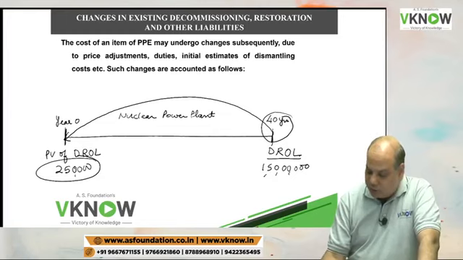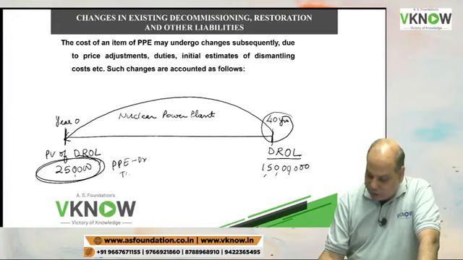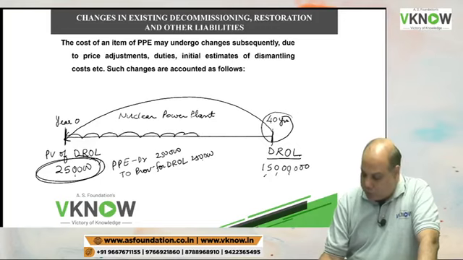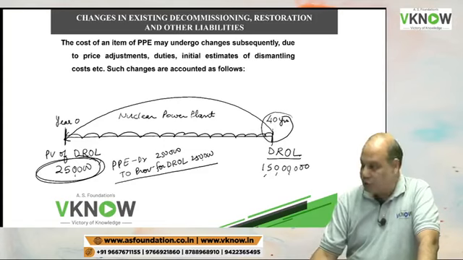And then on this date we'll pass an entry: PPE account debit to provision for decommissioning, restoration, and other liability, 2 lakh 50,000. And then every year I am going to add finance cost to provision account.